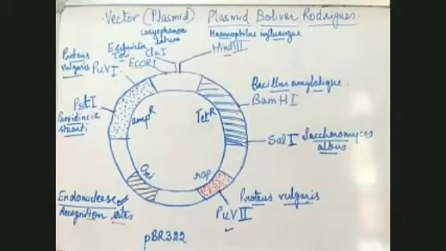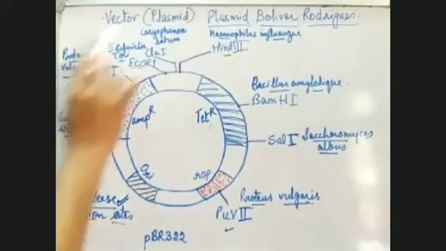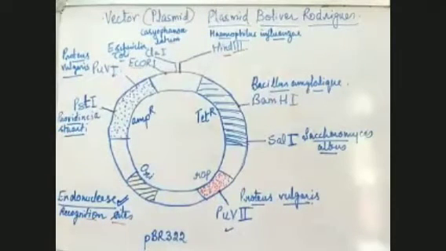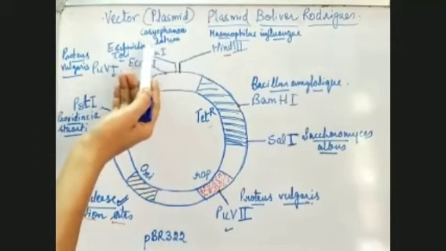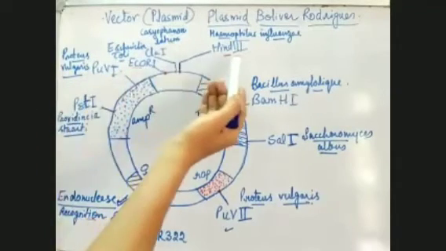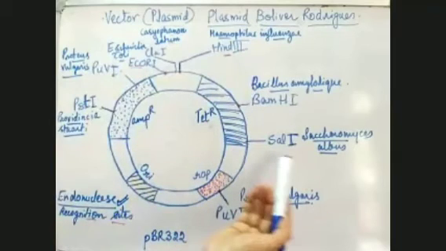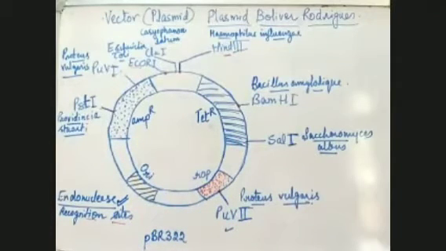Like you all are known as students, in the same way these are all known as endonucleases, with different specific names: PstI, EcoRI, ClaI, PvuI, HindIII, BamHI, SalI. These are different enzymes which are going to make a cut on their specific recognition sites.